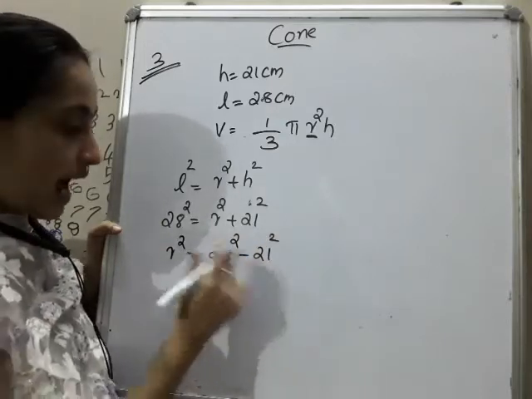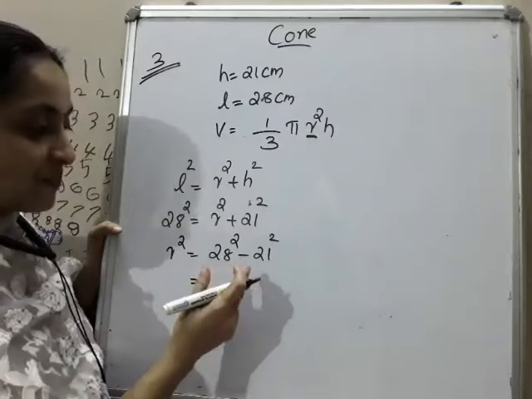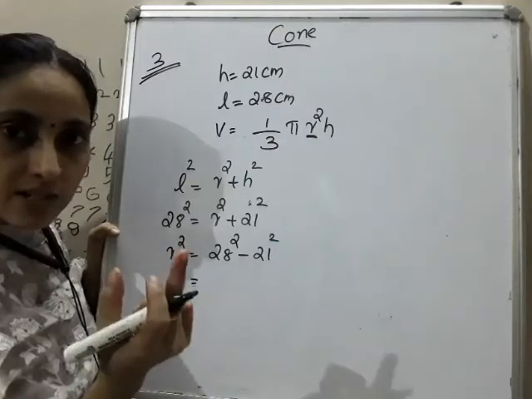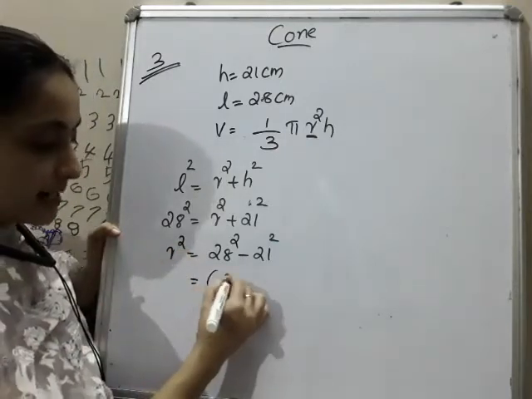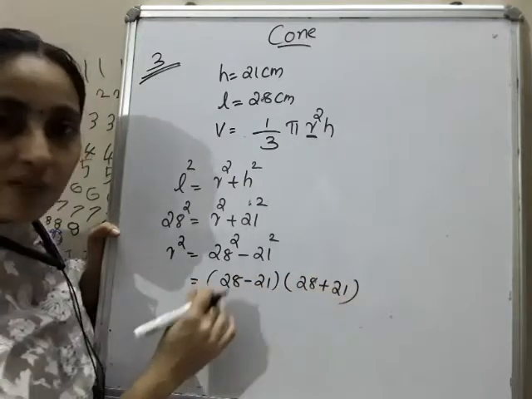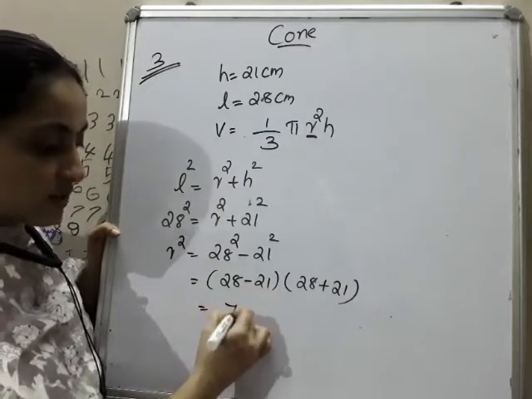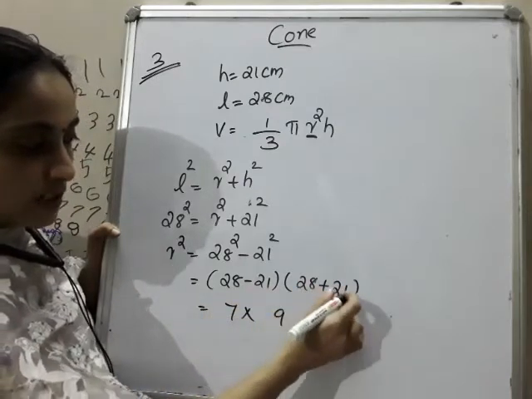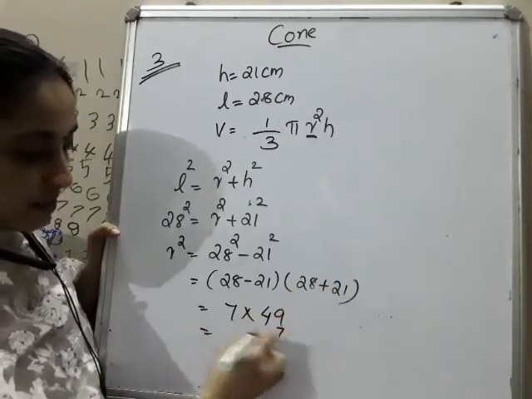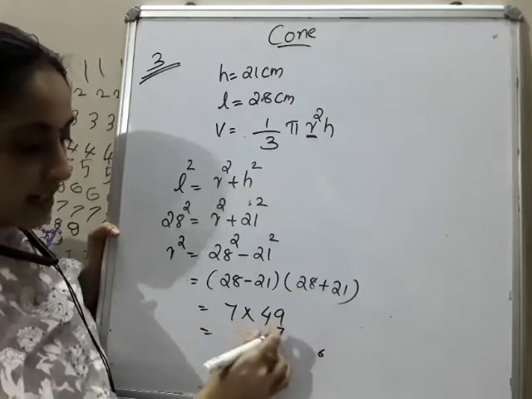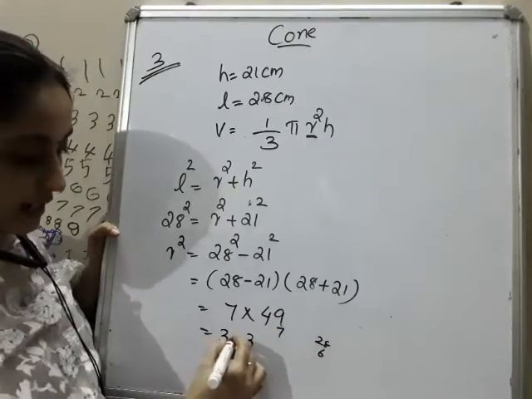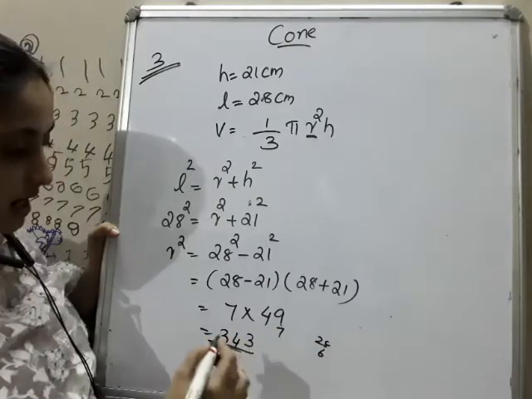You have to subtract it. One easy method: that is a square minus b square form. If it is a square minus b square, we can write a plus b into a minus b. That is 28 minus 21 into 28 plus 21. This is one way. So 28 minus 21 is 7, and 28 plus 21 is 49. Multiply: 7 into 49 gives 343, so 343 will be r square.